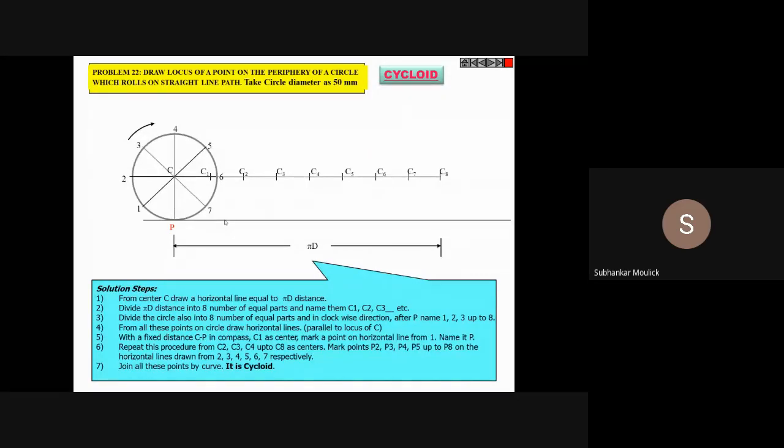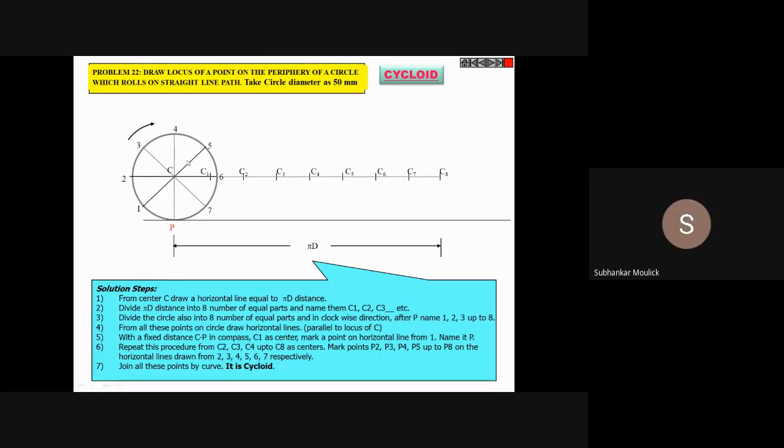That means every time the circle makes a 45-degree revolution, you will get a new center. Total 8 centers, because 360 by 8 is 45. Are you getting my point? So there will be total 8 central points. Any doubt? No, sir.